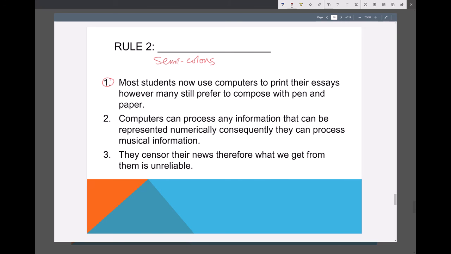However, many still prefer to compose with pen and paper. Number 2. Computers can process any information that can be presented numerically. Consequently, they can process musical information. Number 3. They censor their news. Therefore, what we get from them is unreliable.